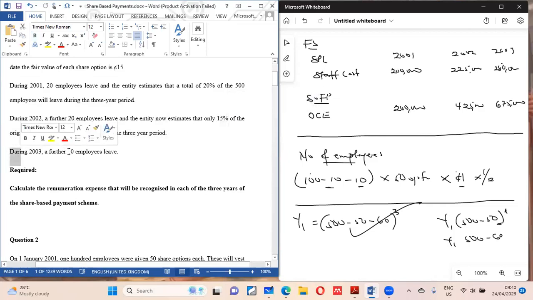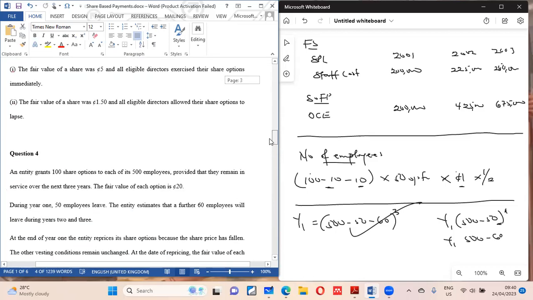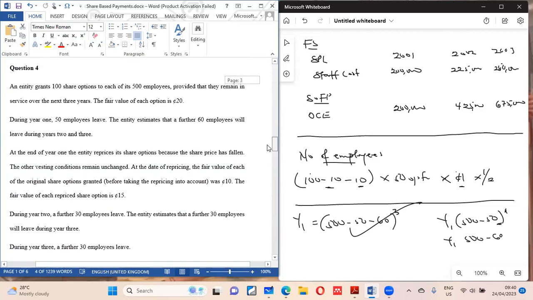But when we go here, it said 10 employees leave. Like I said, once you get to the final year, you don't need any estimate. You need those people who have actually left up to the time so that you can subtract to get those who will be there. So you do 20, 20, then the 10. That is all. I think the percentage came in and it's confusing you.